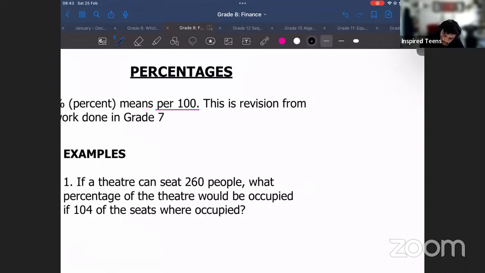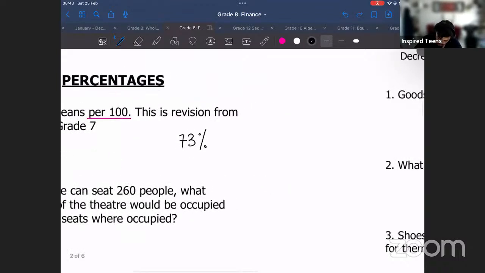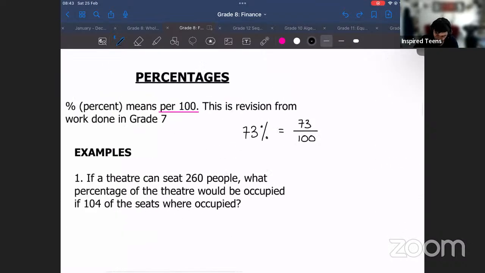So when we talk about 73%, we are talking about 73 divided by 100. So this is also like a ratio, because out of 100 parts, we have maybe 73 parts. So 73 over 100.